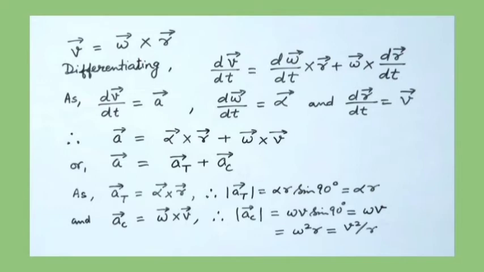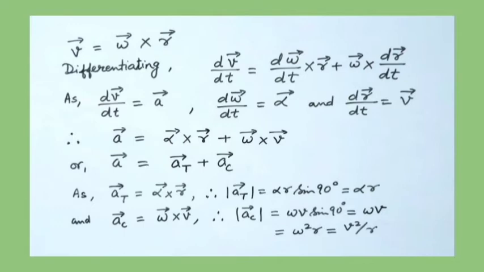Therefore, a is equal to alpha cross r plus omega cross v, where a is the resultant acceleration and it is equal to at plus ac. at is equal to alpha cross r, which is the tangential acceleration, and ac is equal to omega cross v, which is the centripetal acceleration. Thus, resultant acceleration is the vector sum of tangential acceleration and centripetal acceleration.